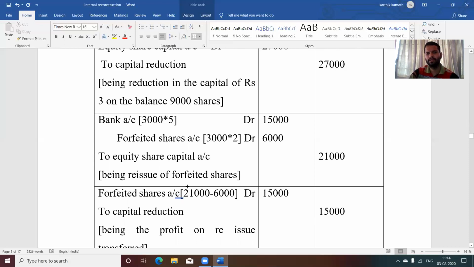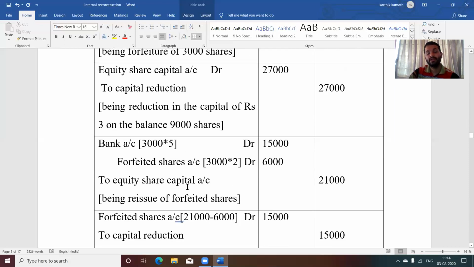Next journal entry is transferring the forfeited shares balance to capital reduction account. Usually, whenever we solve sums on forfeited shares, we transfer the amount to one account known as capital redemption reserve account. Here it is similar, and we are transferring it to capital reduction account.